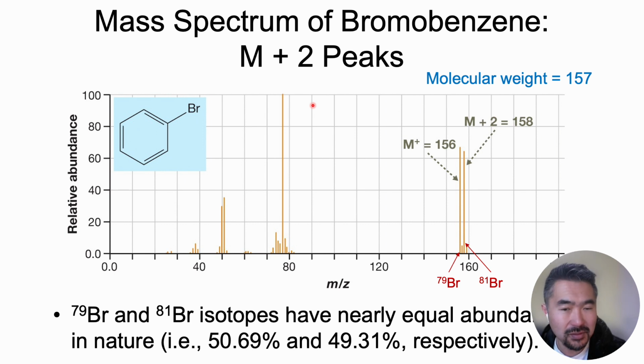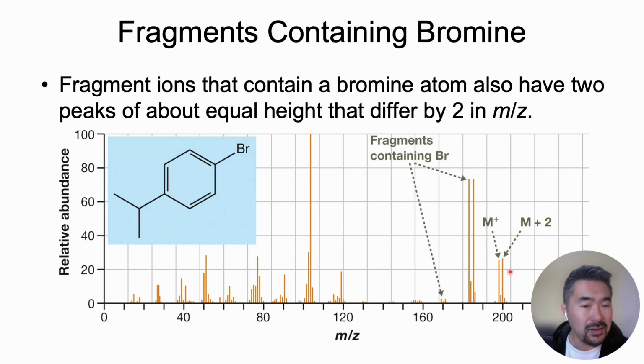That's not very useful, but you want to base your calculations either off of 156 with 79 bromine or 158 with the 81 isotope bromine.